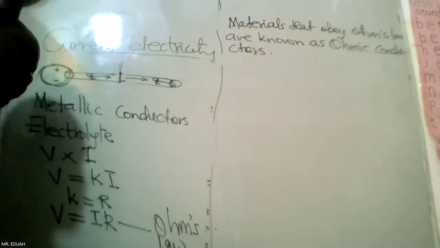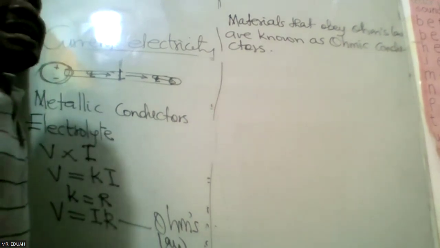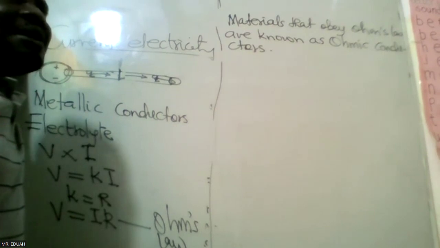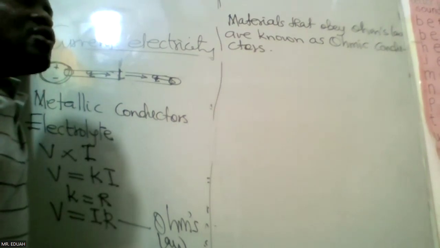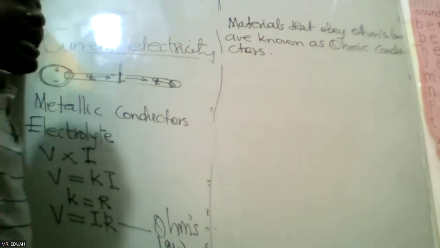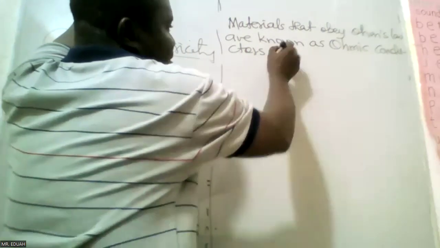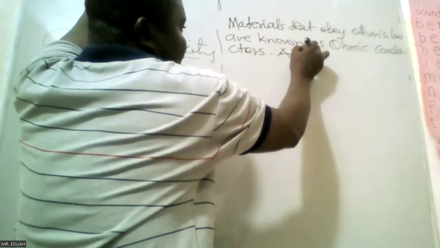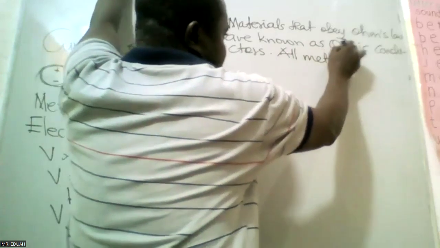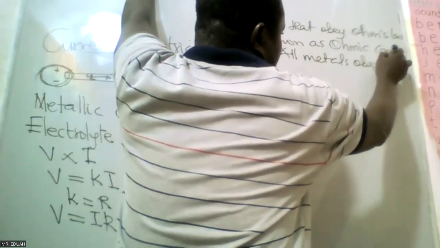Those materials that do not obey Ohm's law, such as tungsten filaments, semiconductors, electrolytes, are called non-ohmic conductors. And in fact, ohmic conductors are generally all metals. All metals obey Ohm's law.